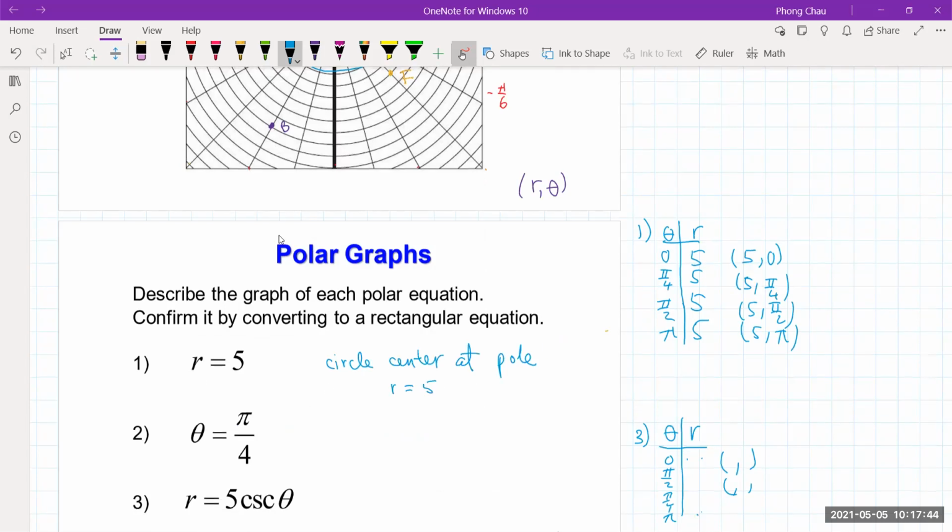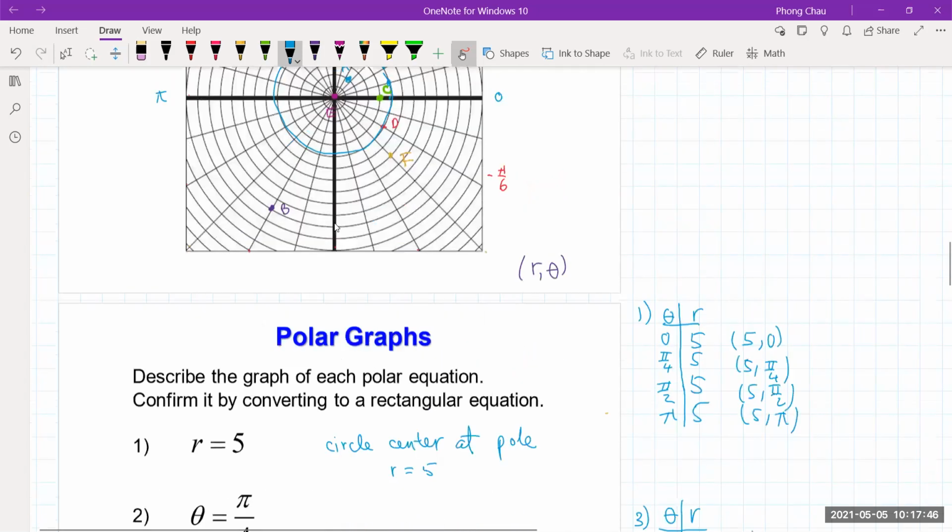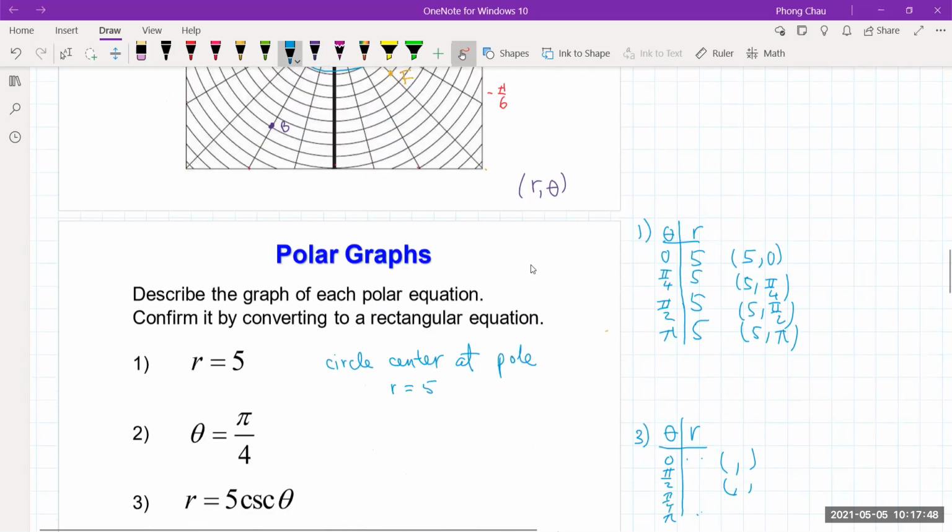So again, that one is a special case, so we can actually do it very easily without going through the math here. Likewise, for number 2, this is also a special case. Theta is pi fourth, and pi fourth doesn't change. r is missing, so basically r could be anything. It could be 0, it could be 1, it could be 2.